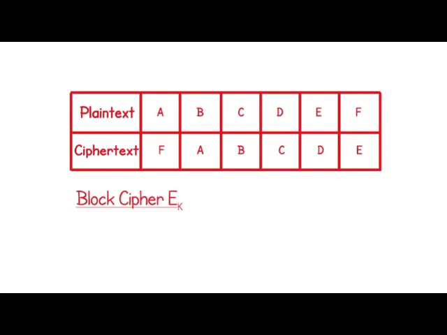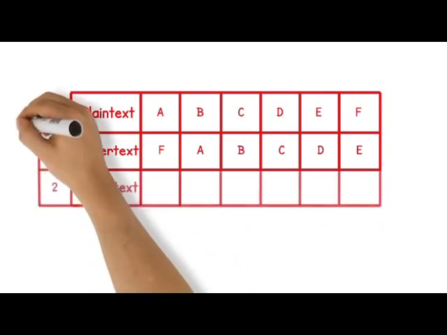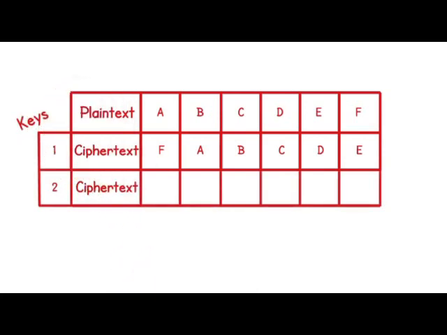A block cipher is defined as simply taking as input a block-size plain text message and a key, and using those to generate output ciphertext. A block cipher is also reversible: plain text and key generate ciphertext as output. Similarly, ciphertext and key let the plain text message be recovered.